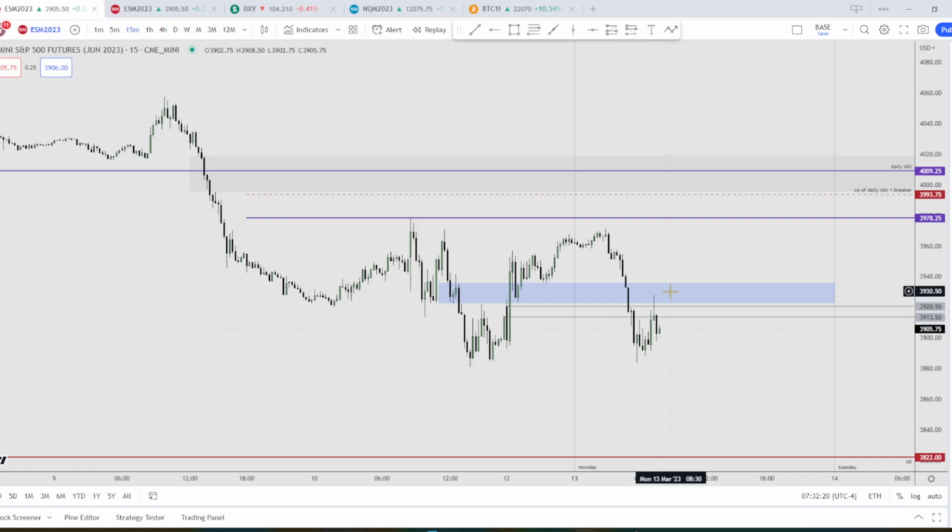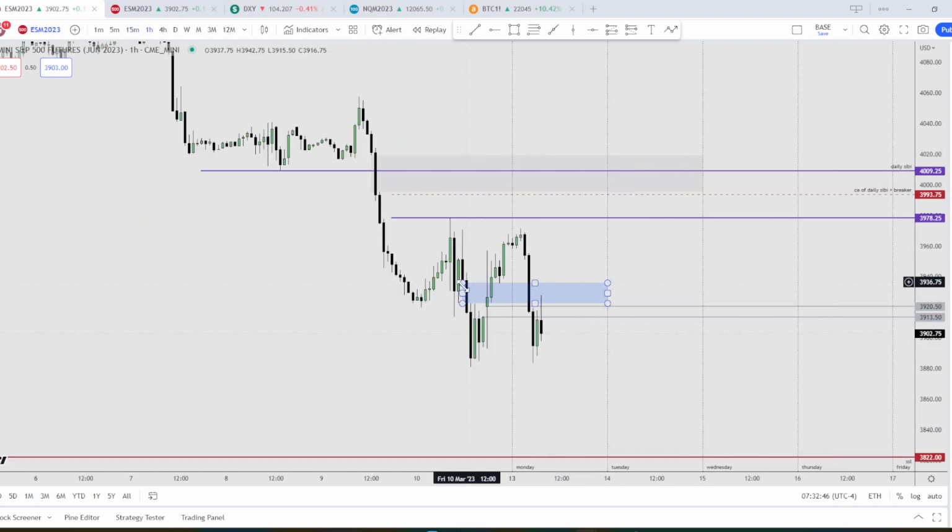This morning session, market open 9:30, should be a rough and exciting market. So I'll be there observing, and I would like to see which side of the liquidity it attacks first. This gray area here, there's two gray lines, is the weekend opening gap, and this right here is the 1 hour, right now turned into a balanced price range.